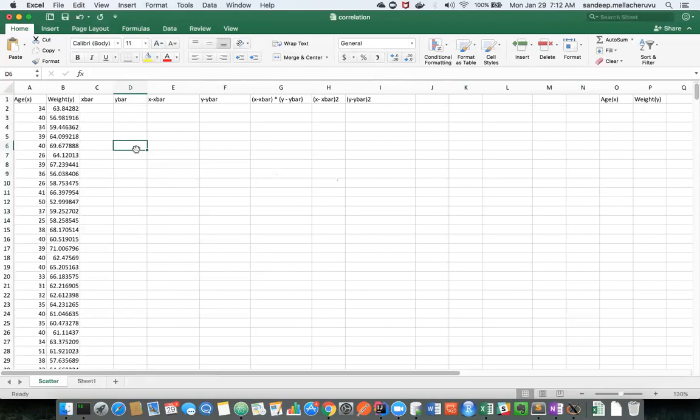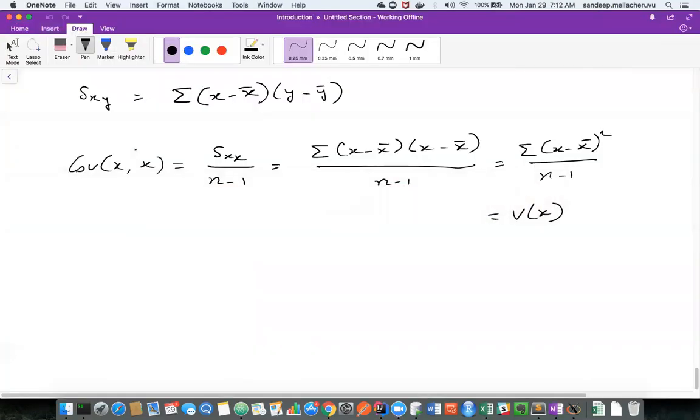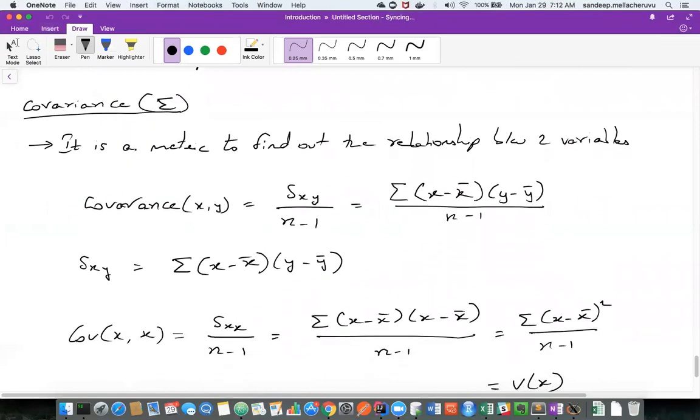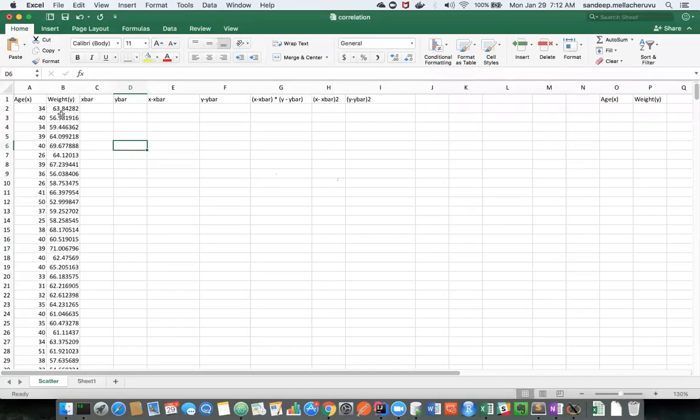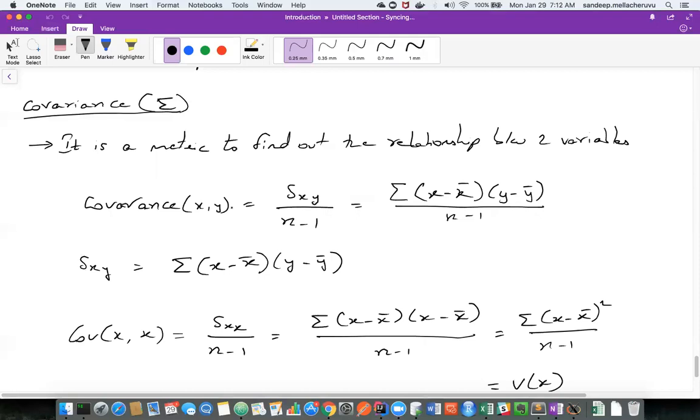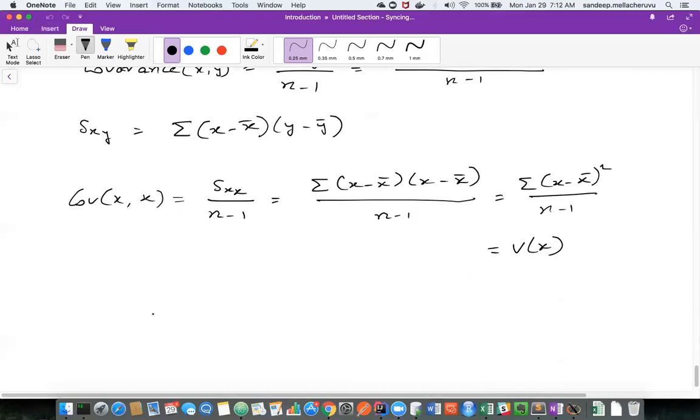We want to know how much is the relationship. So for that, what I was describing now is the covariance. We want to see if the covariance solves our problem or not. So what I'm doing here is calculating the covariance using the formula that I just described, Sxy by n minus 1.